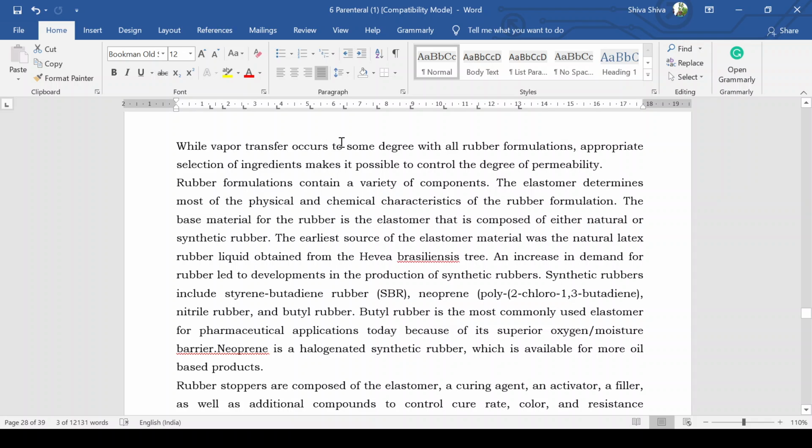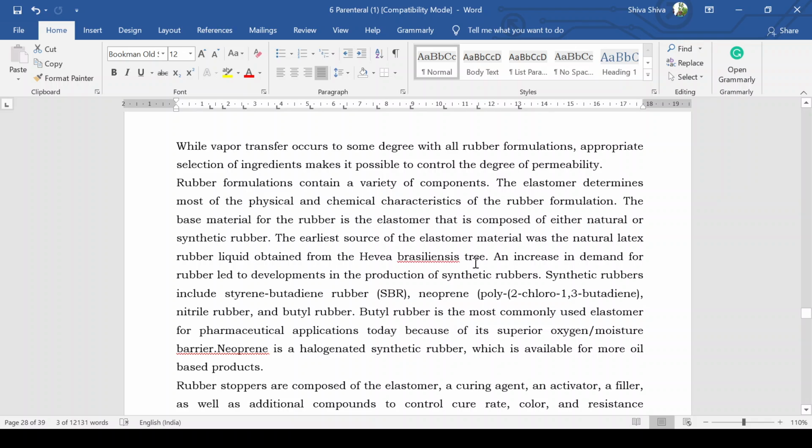While vapor transfer occurs to some degree with all rubber formulations, appropriate selection of ingredients makes it possible to control the degree of permeability. बरोबर, जर तुमचा रबर क्लोजर राहिला, आपण बघितलं ग्लास कंटेनर्स मधून एअर परमेबिलिटी होत नाही, पण रबर क्लोजर राहिलं तर कोणत्याही टाईपचं रबर जर असेल तर त्याच्यातून एअर परमेबिलिटी होऊ शकते किंवा वेपरचे परमिएशन होऊ शकतं.